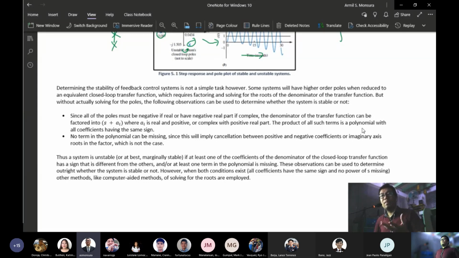Now again, our motivation to study that tool is not hinged on wanting to know the stability of our system, but rather on the design side. We can use that to determine the range of values for our system parameters so that we will maintain the stability of our system, and we will know when it becomes unstable.